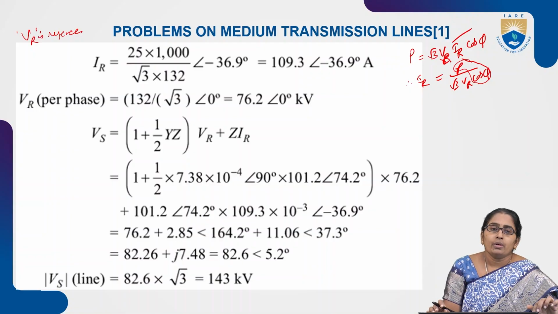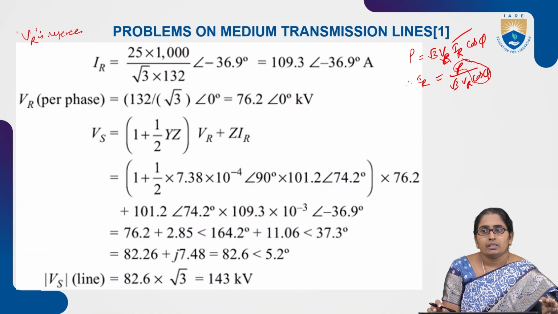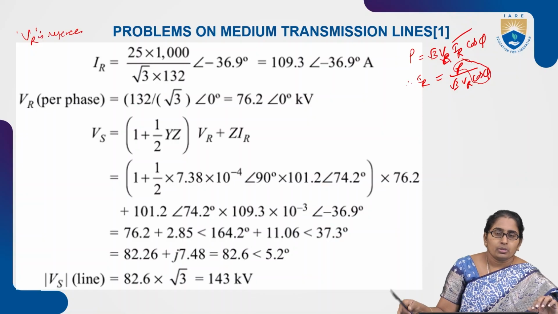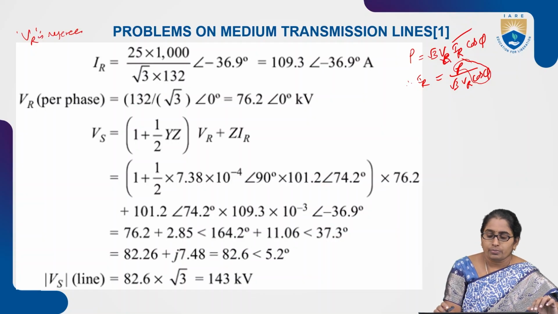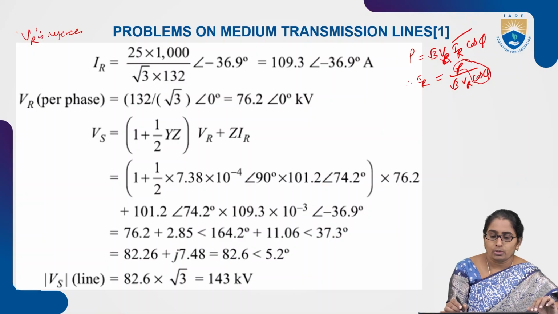Now the line parameters are calculated in terms of Z and Y. So we substitute here to calculate the Vs. That is what is asked in the question. First, the sending end voltage. For the nominal-π method, we know this is the equivalent circuit.